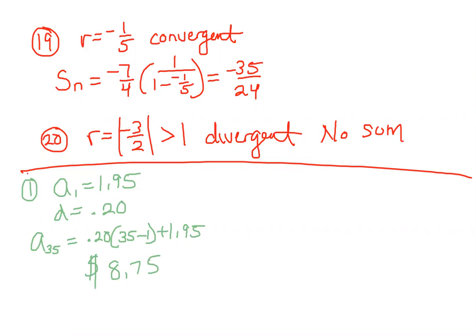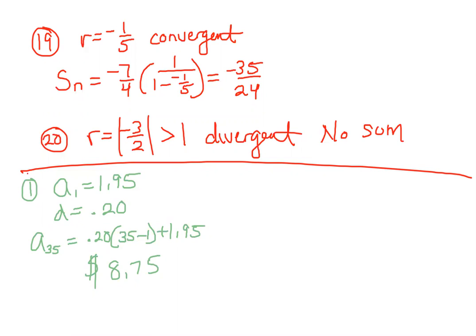All right, number 2, Tucker took an 800 milligram dose of medicine for his headache. The table on the left shows the amount of medicine remaining in his bloodstream after the first 3 hours. Okay, when will it be 50 milligrams? So if you look at that, it is not going down the same amount each time.